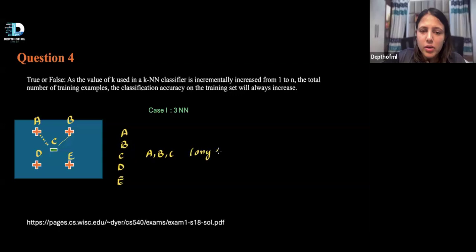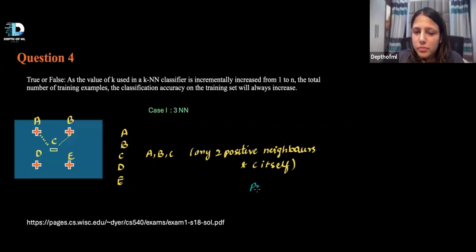Any two positive neighbors, and C itself will be the neighbors. No matter what I do, when I take a max vote on this, what will be the predicted value? Prediction is going to be positive.